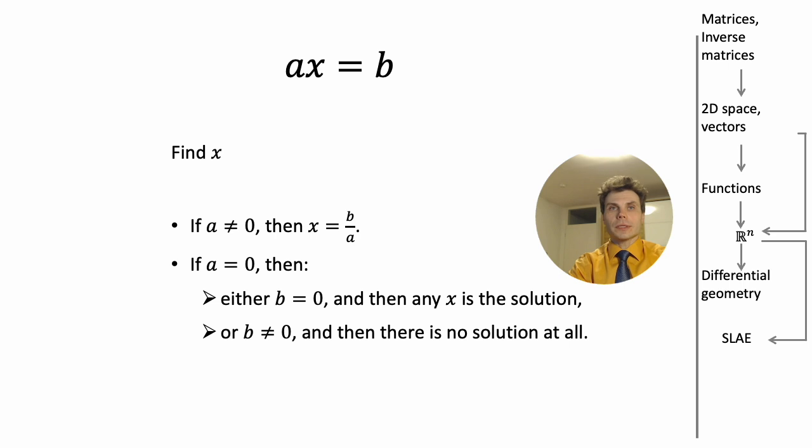Or, another subcase, b is not equal to 0, and then there is no solution, because there is no number that can be multiplied by 0 and give you a non-zero output. In the same framework, we will now talk about the equations written for vectors.